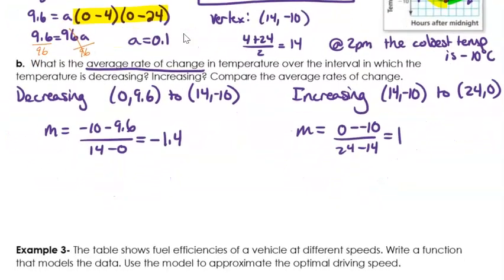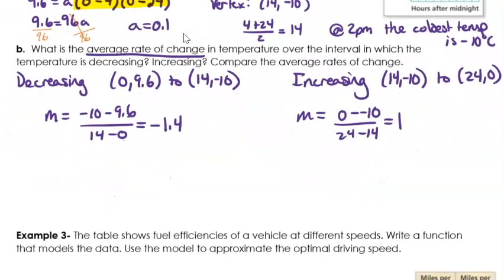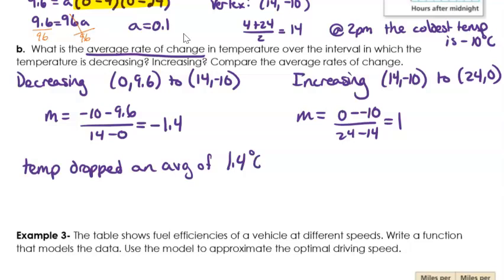Okay, so what this means, it also wants us to compare them. So the temperature dropped an average of 1.4 degrees Celsius. That is dropped because it's negative and it's average rate of change. So it doesn't mean exactly that, but an average of 1.4 degrees Celsius per hour.